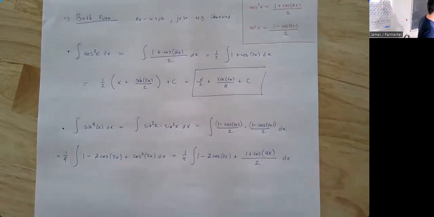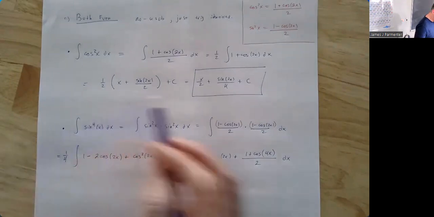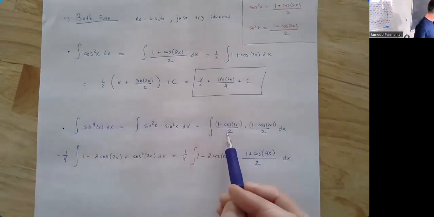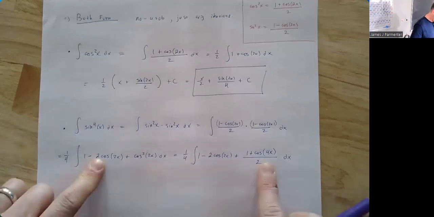Questions about any of the terrible trig identity algebra I've done? Yeah. So one more time. So the cosine squared of 2x, shouldn't there be an extra 1/2? I pulled out both of these 1/2s. Yeah, but I'm talking about the last step. So from here to here.